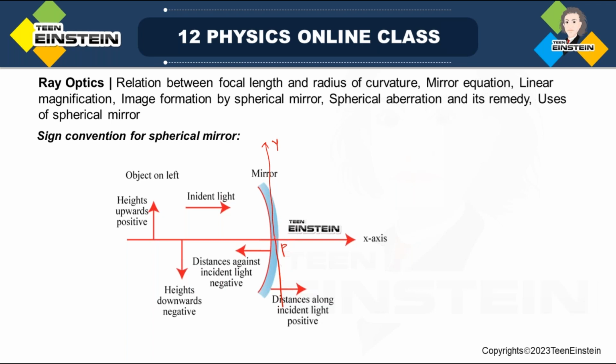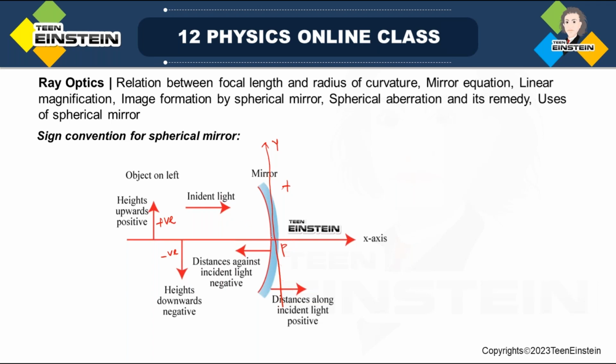Any height we measure above the principal axis, along the positive y-axis, will be taken as positive height. But this height, in the negative y direction, will be taken as negative.